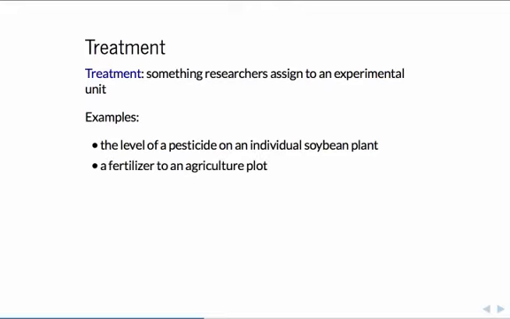Alternatively, if we are looking at an agricultural plot, they might try different types of fertilizer on different plots. With the pen of pigs example, it is common that all pigs within a pen get the same diet, but we could randomly assign what diet the pigs in that pen are going to receive. Alright, so those are the two basic definitions we need, experimental units and treatments.